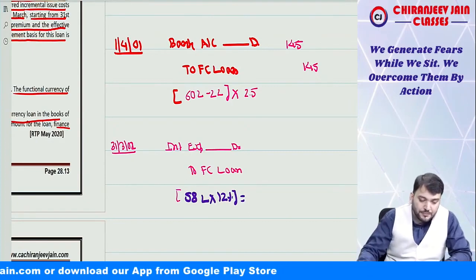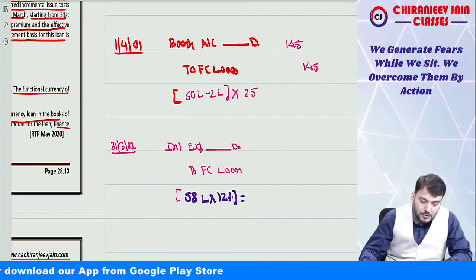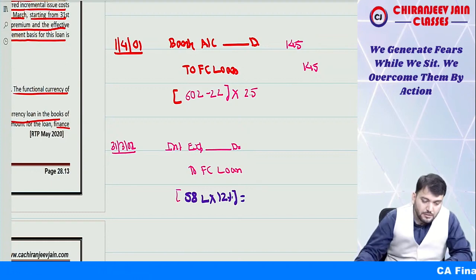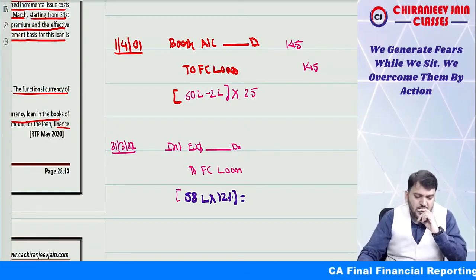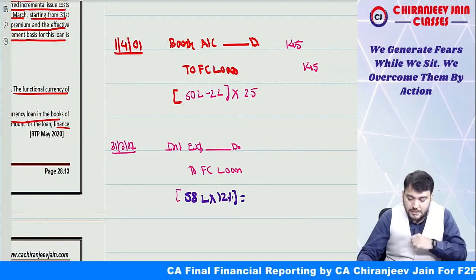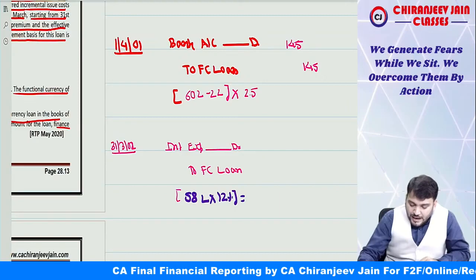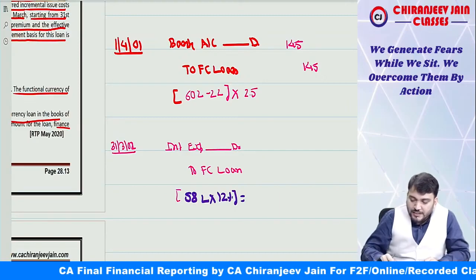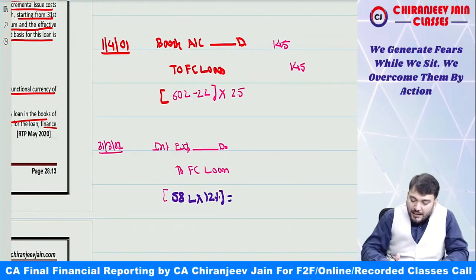How much is it coming? Correct, it is 58 lakh into 12%, which is 6.96 lakh.